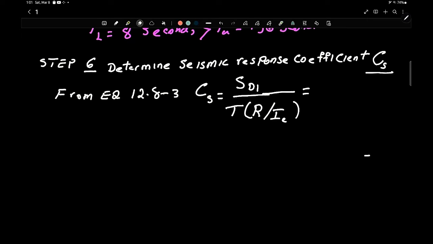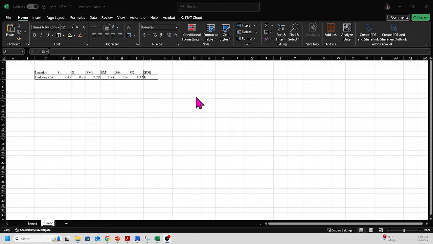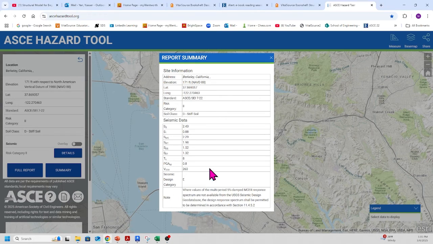Remember, we already have these numbers, SD1 and T. T came out to be 0.56 second, and our SD1 came out, let me see the Excel here. We got all those numbers from here, so that's what we're going to use.